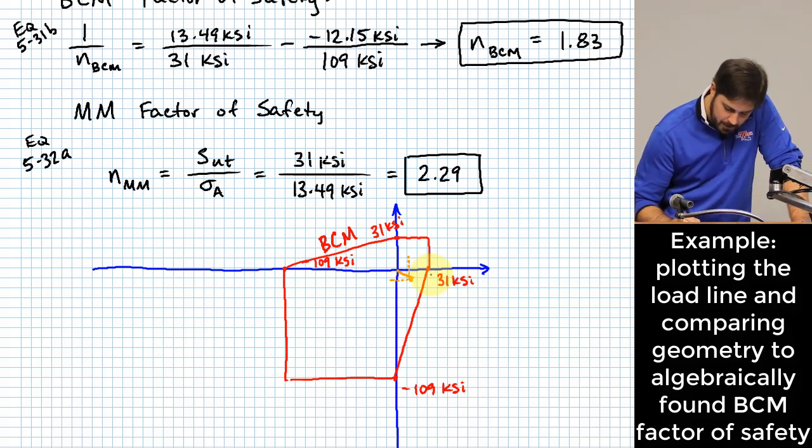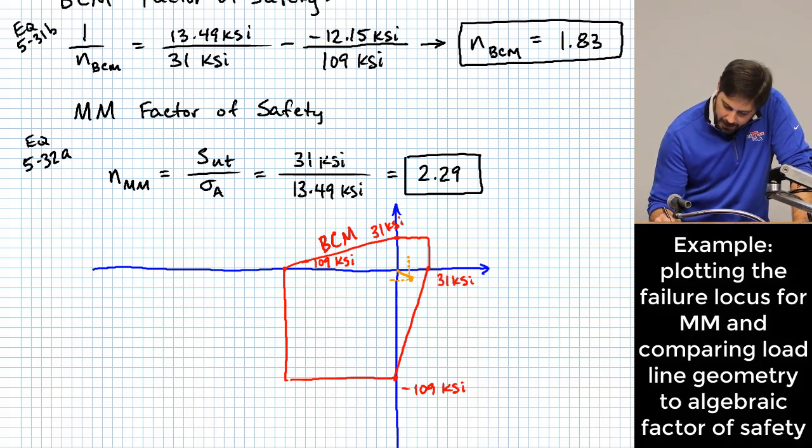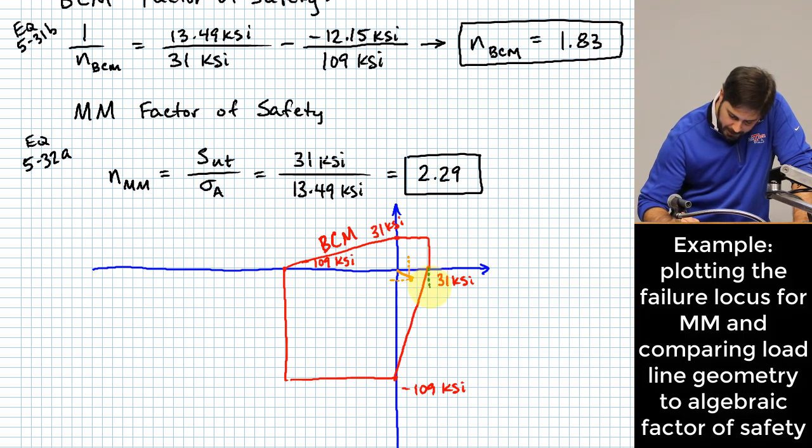Let me actually plot my Modified Mohr line as well. So Modified Mohr would come down like this to about here, and then down like this to there.